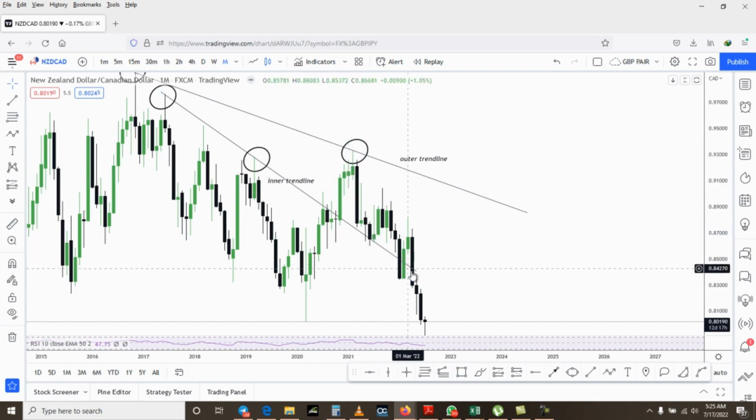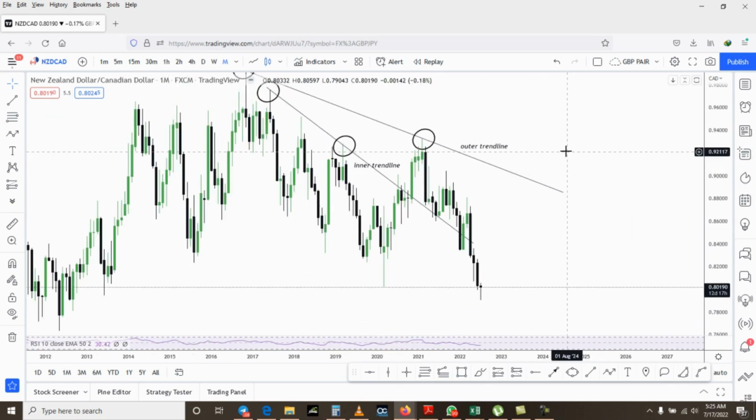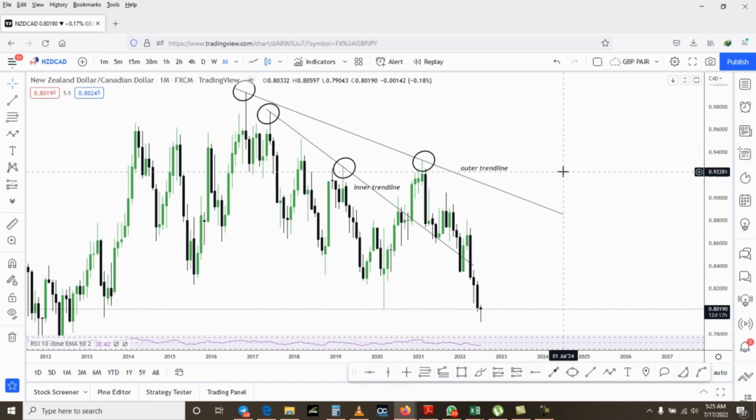We had a break here and then price keeps going down. Now the thing is that as time progresses, I'll begin to show you how to combine trend lines and other things, so that you can identify a clear direction of where the price is going.